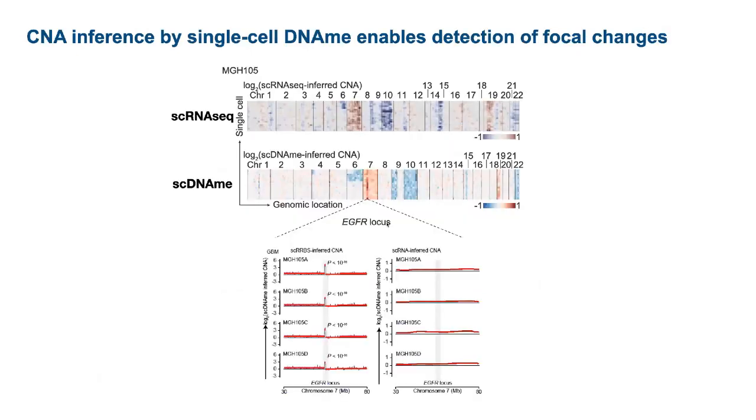The resolution afforded by this method was far greater than single-cell RNA sequencing inferred copy number aberration, resulting in the ability to capture focal changes, as shown here, for example, for the oncogene EGFR, which would not be possible by simply using single-cell RNA sequencing.